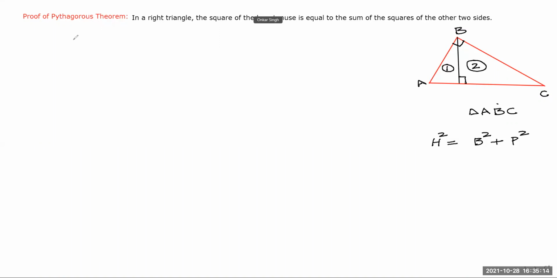First, triangle 1 is similar to triangle ABC. Second, triangle 2 is also similar to triangle ABC. Third, these two triangles are also similar to each other. It means the whole triangle is divided into two parts and both parts are similar to each other.